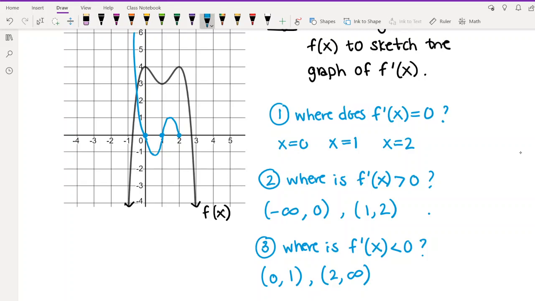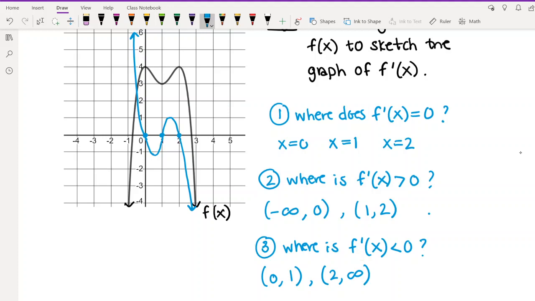And then what's supposed to happen from 2 on? Well, from 2 on, we said that the derivative should be negative. And so that means that the derivative needs to now be below the x-axis, and so it goes down like this. And it'll keep going up this way. So just a rough sketch. If you were doing this on your own and you sketched it a little different, that would be okay.